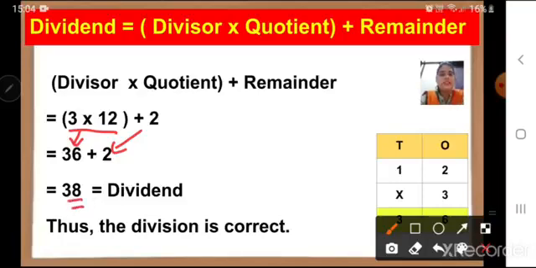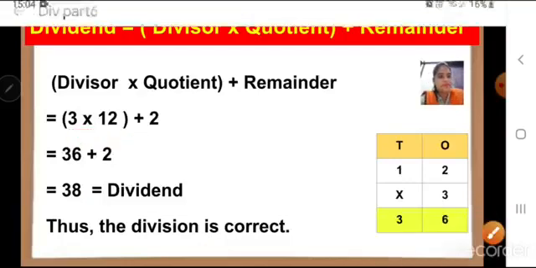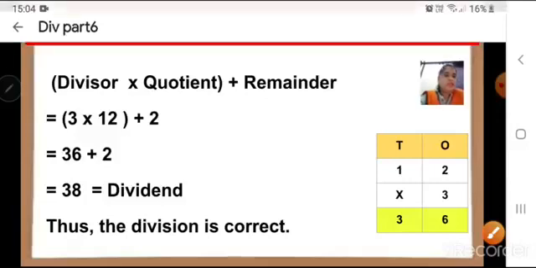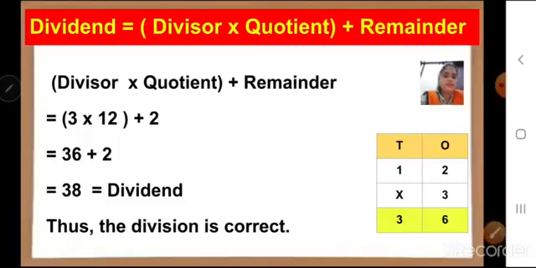Correct. And 38 is our dividend. So that means the division is correct. Our answer is correct. Note down, children. Write all the steps properly, one below the other.